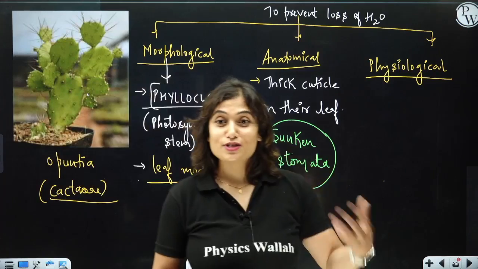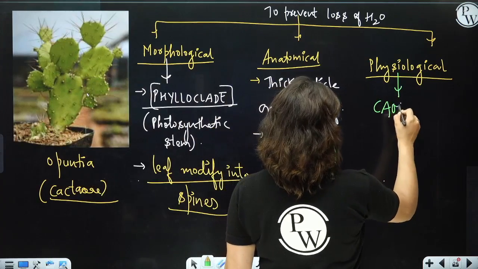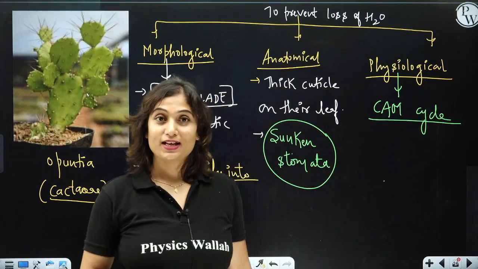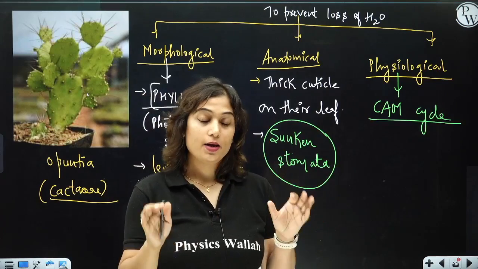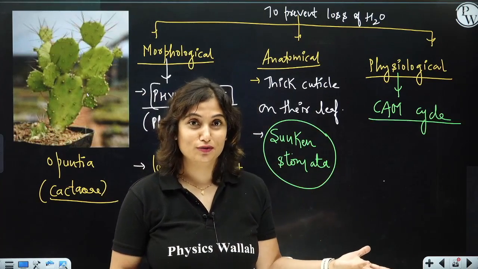Then what are the physiological adaptations? They have a special cycle called the CAM cycle. They have the C3 cycle, but apart from the C3 cycle, they have the CAM cycle to prevent the loss of water.